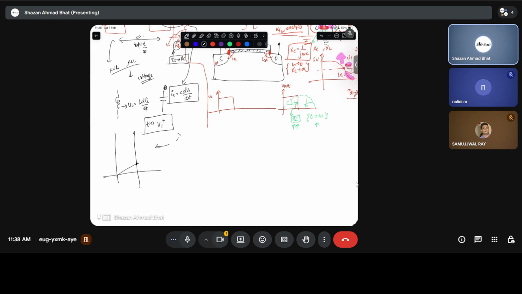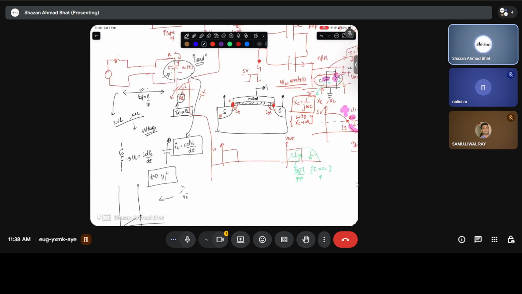It gets reflected, reaches towards the source end, then you get a voltage of V2 minus, and again it goes back and forth in the circuit because of the impedances. Okay, this load is also going to act like an impedance.